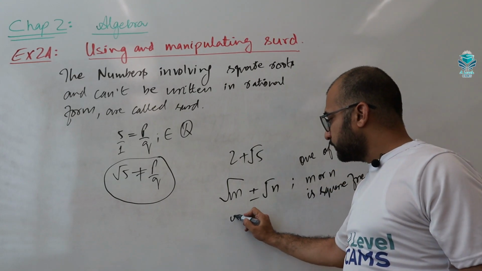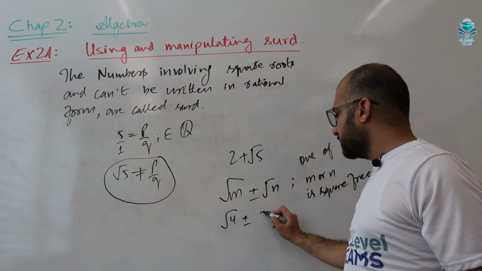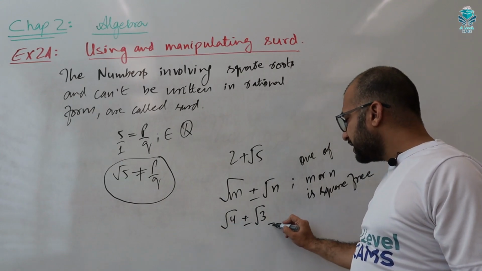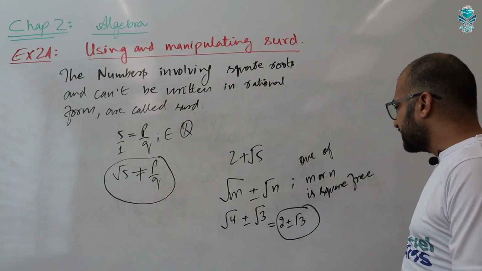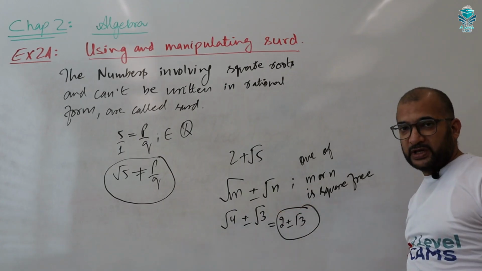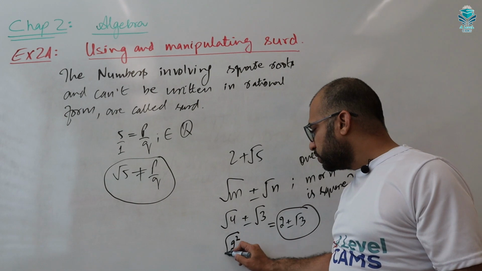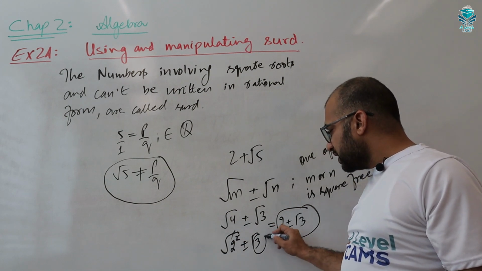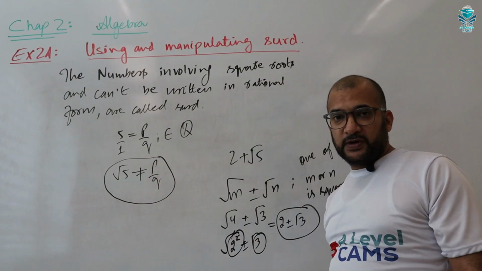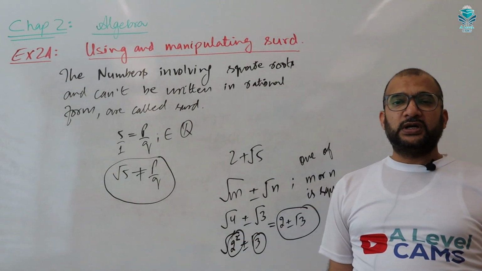Let's say 4 plus or minus square root 3 can be written as 2 plus or minus square root 3. It is a surd, so at least one must be square free. One is square free and one is not. Such numbers are called surds.